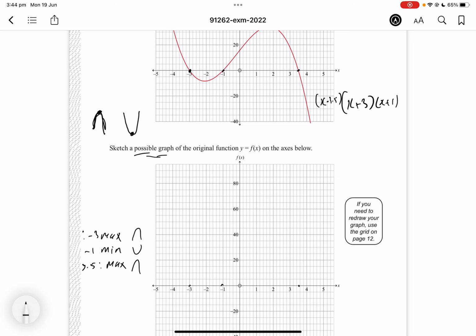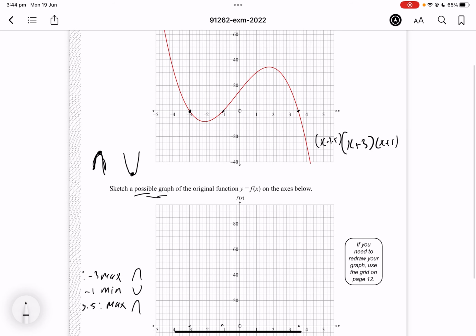We could also make it a bit more precise, which I do recommend you do. In this particular year, they made this question an excellence level question, so you have to be a little more precise here.